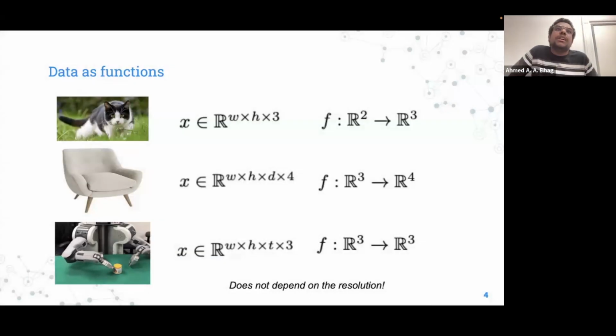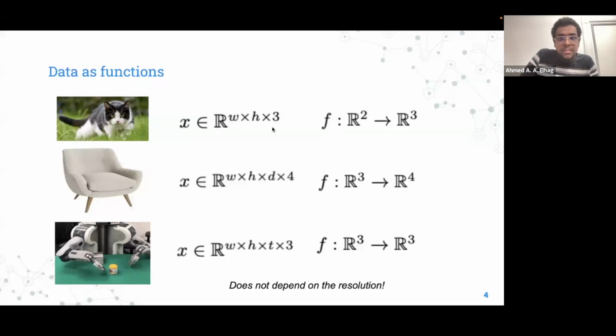Okay, so another key idea about this work is how you can represent your data as functions, which we also call functional data representations. We know that we represent data as high-dimensional vectors or tensors. So how can you move from this representation to a functional representation? Assume you have an image, for example.